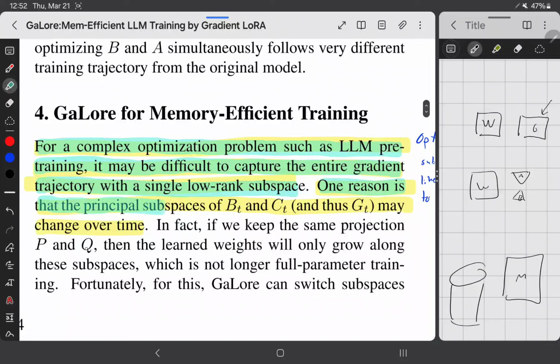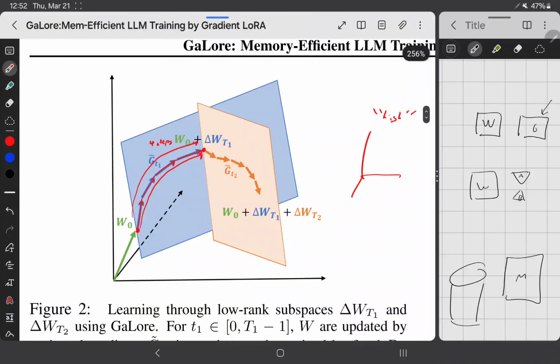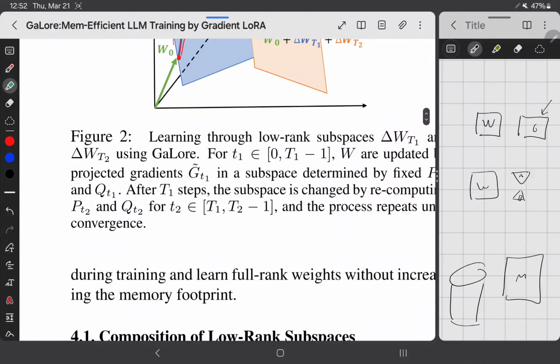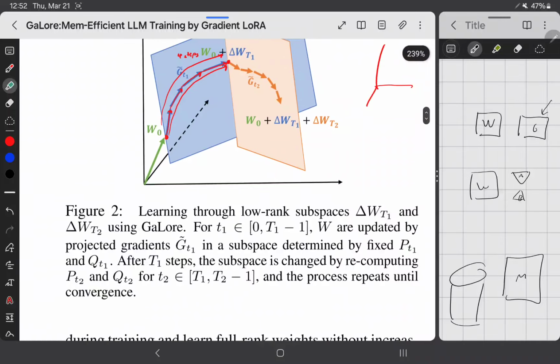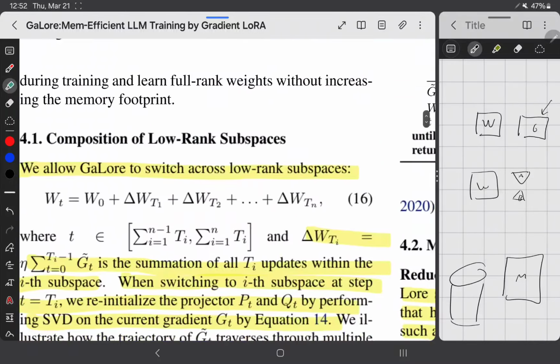One reason is that the principal subspace of B and C may change over time. So they're basically saying that once you've optimized the same subspace for long enough, you don't need to optimize that part anymore, and you should probably optimize a different subspace of your entire space.